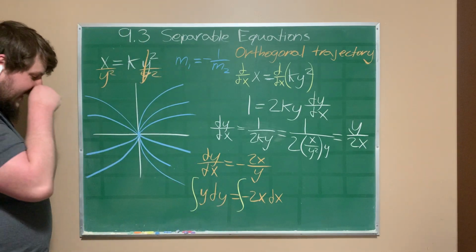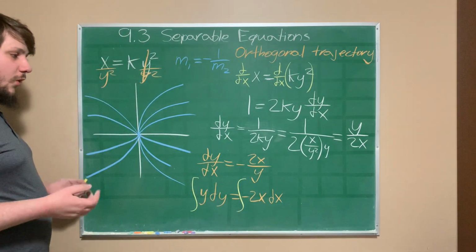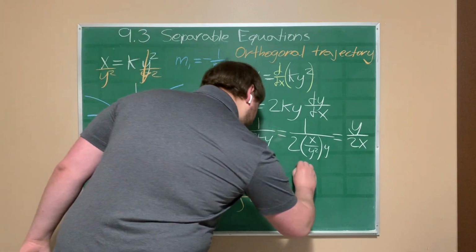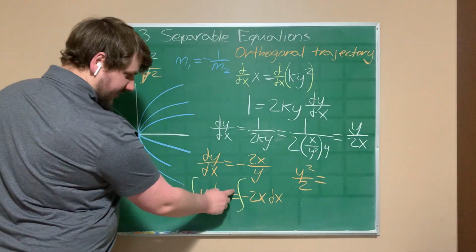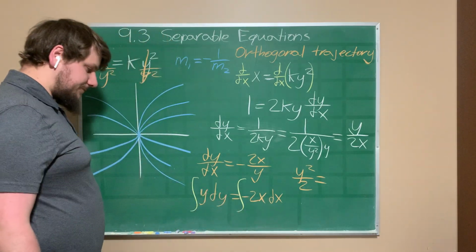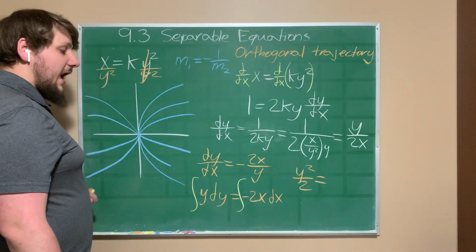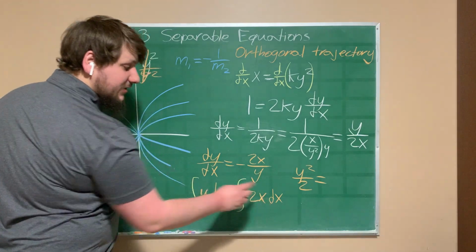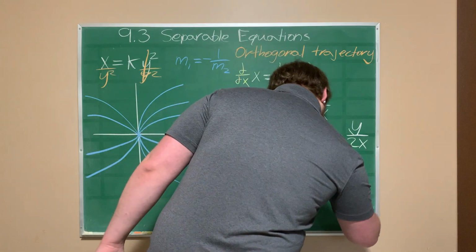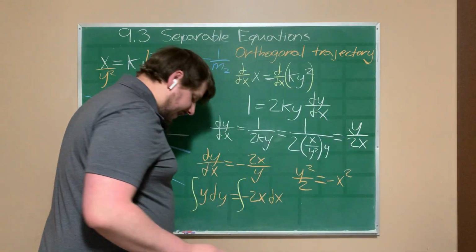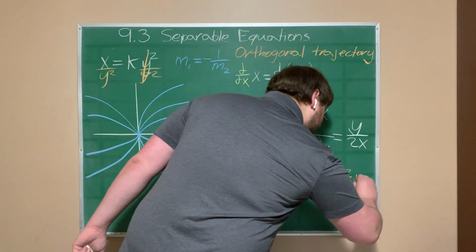Now on the left, the antiderivative of y is going to be y squared over 2. So we get y squared over 2 equal to the antiderivative of negative 2x, which is to raise the power by 1 and divide by the result there. You're going to get negative x squared. And again, I need a constant of integration, so I'm going to put the constant right here.